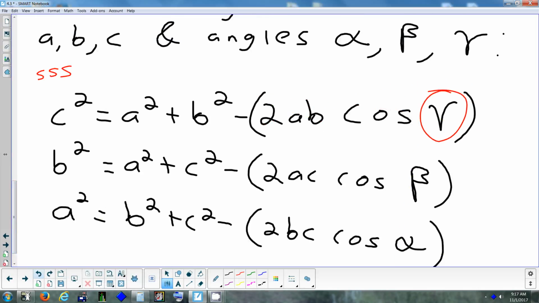If you had a side angle side problem, then you have to use the version for whatever angle they give you. Okay? Because in side angle side, you're already missing a side. You're either going to be missing the A, the B, or the C. So you're going to be missing something in the first section. You can't be missing anything else. So if you're already missing a side, you better know the angle. Okay? Because you can't be missing two things in the same equation.